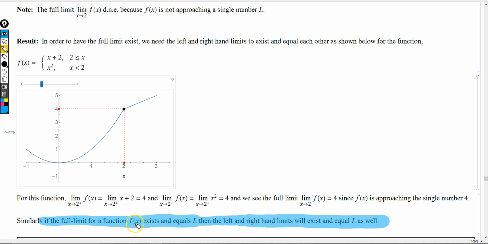I mean, all this is saying is that f of x is approaching the single number L as x approaches c from the left and from the right. And so obviously, that also means as x is approaching c from the left, f of x is approaching L, so the left hand limit is L. And as x is approaching c from the right, f of x is approaching L, so the right hand limit is L. So we summarize that with a theorem.